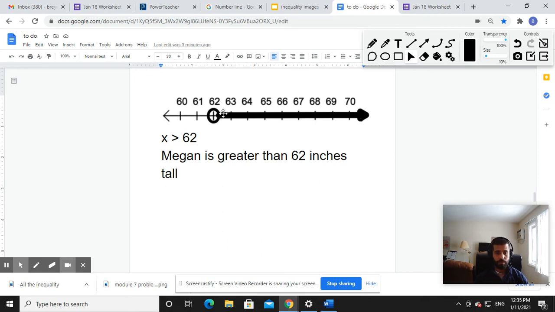So what's filled in is what can be x. She could be 63 inches, she could be 64, could be 65, 66, all the way up as far as you can count. And that's how we would draw that on the number line.